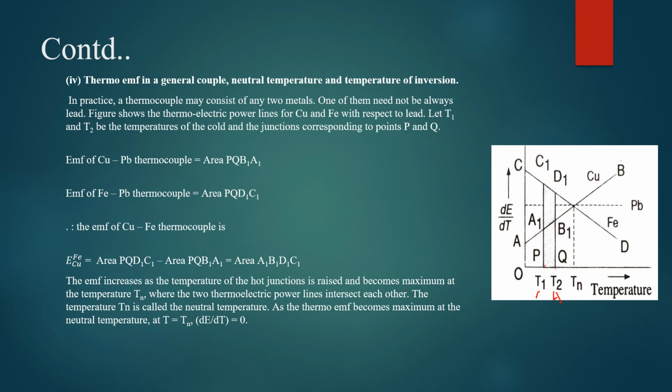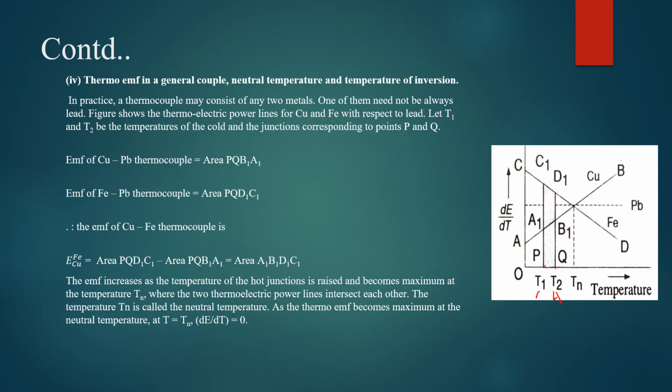The EMF of the copper-lead thermocouple is the area PQB1A1. This is copper. Therefore, the EMF of the iron-lead thermocouple we will take as the area PQD1C1.